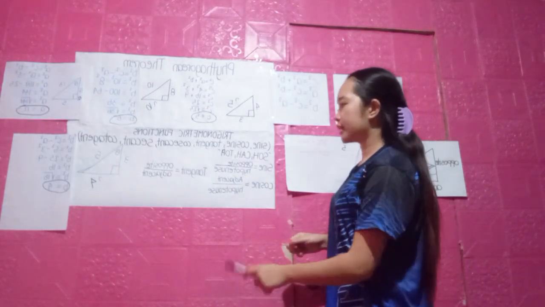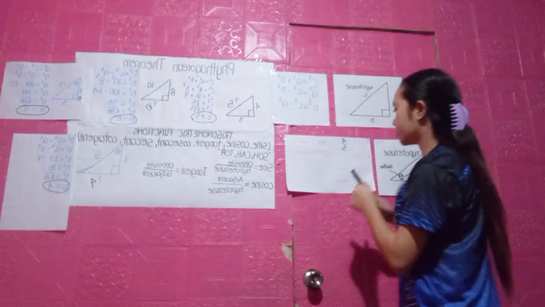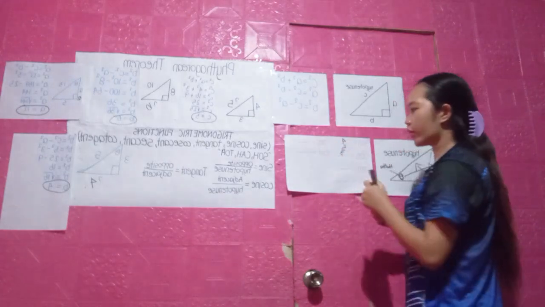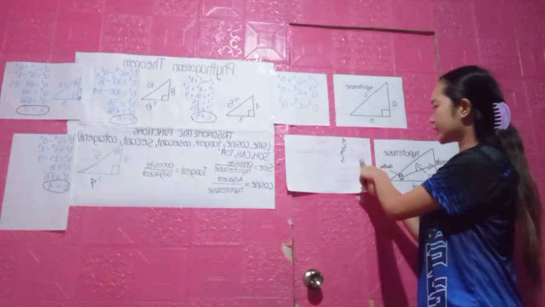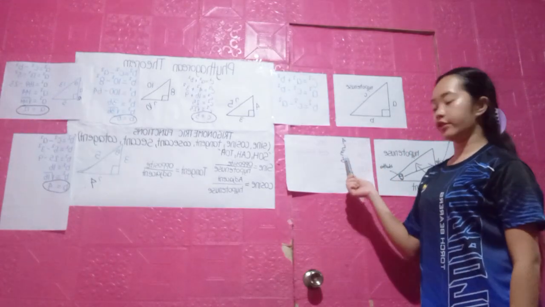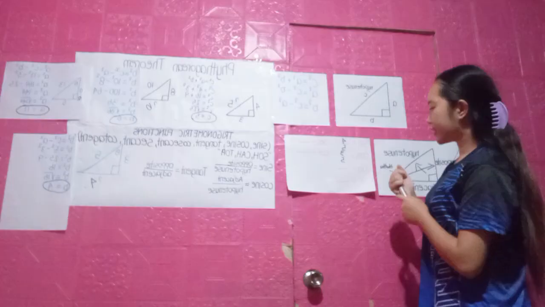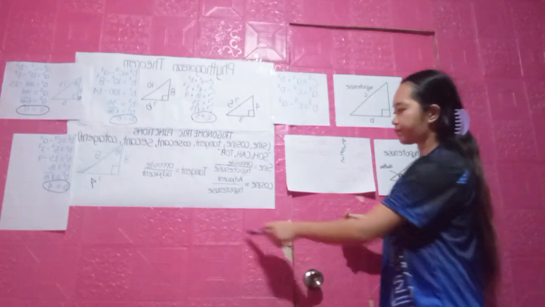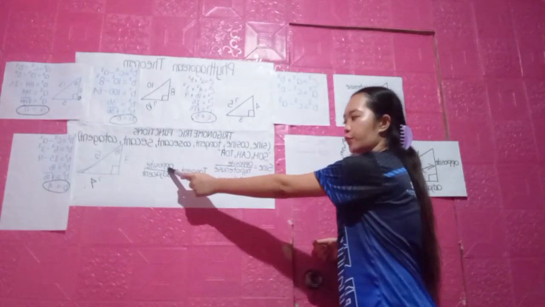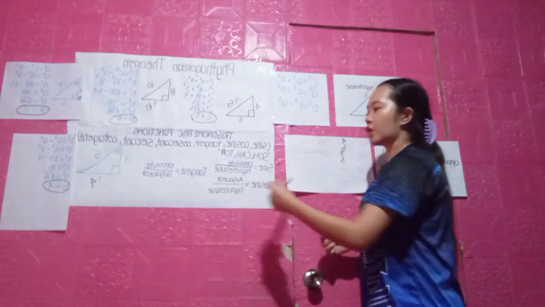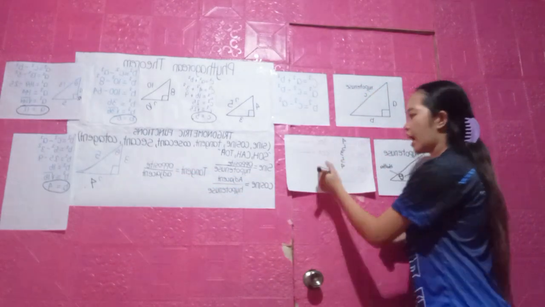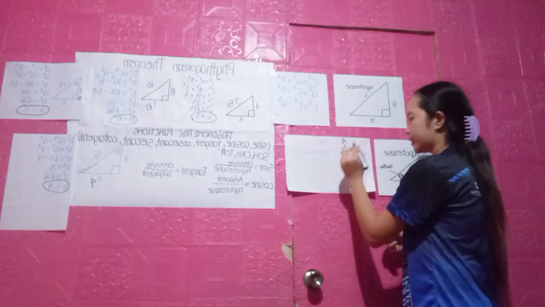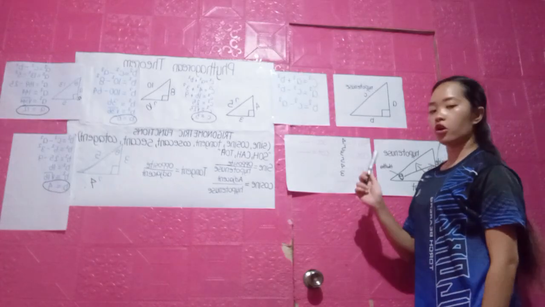Our adjacent is 3 and our hypotenuse is 5, so cosine equals 3 over 5. Now let's proceed to tangent. Tangent equals opposite over adjacent. Again, our opposite is 4 and our adjacent is 3, so tangent equals 4 over 3.